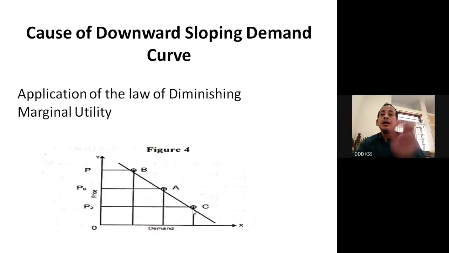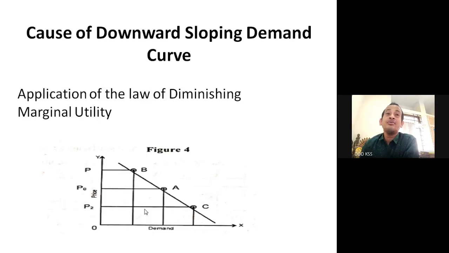When the price falls, the consumer will purchase more of the good and start consuming. But as per the law of diminishing marginal utility, after some time the consumer will be satisfied with the consumption of the goods, and may not have more demand for them.